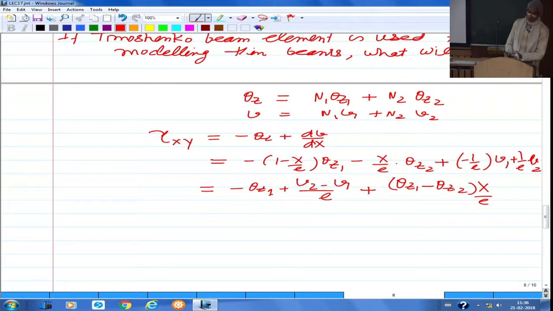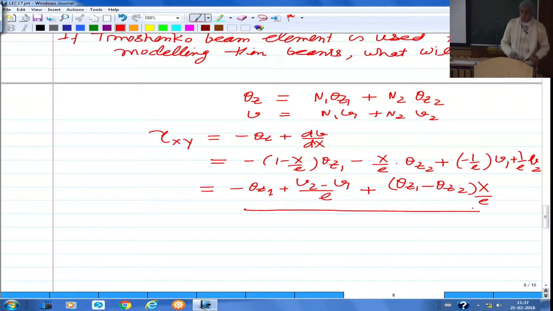And now if this Timoshenko beam element is used for thin beam problems, then this gamma xy should approach 0, isn't it?